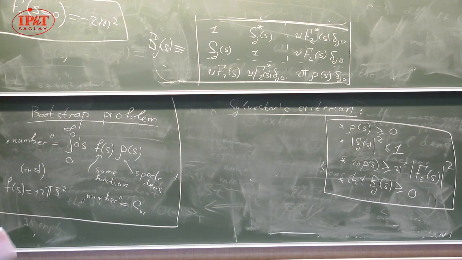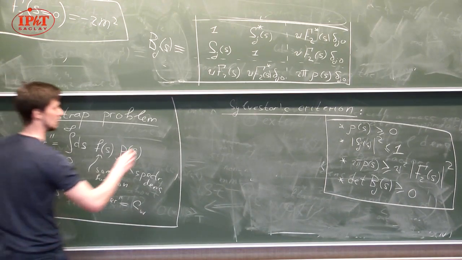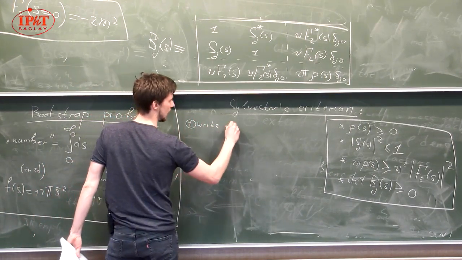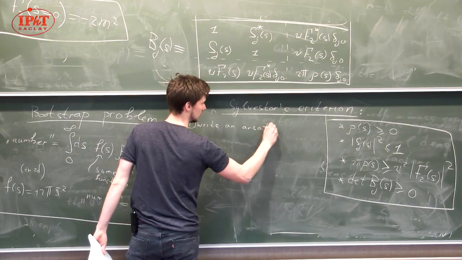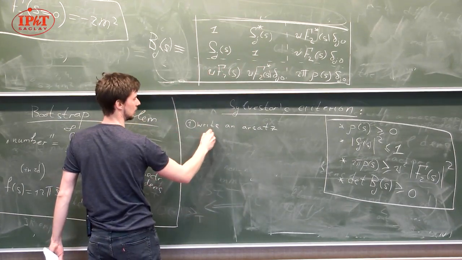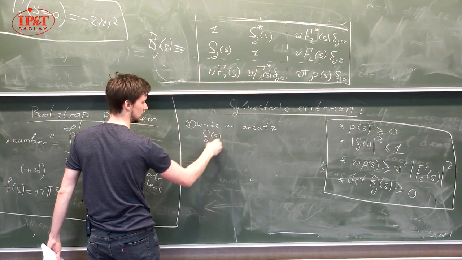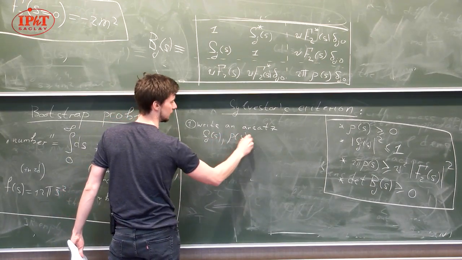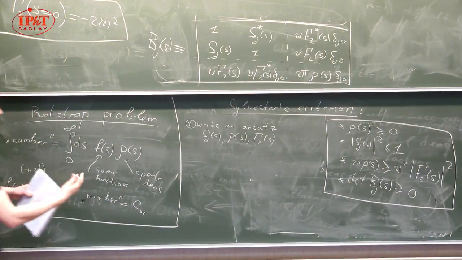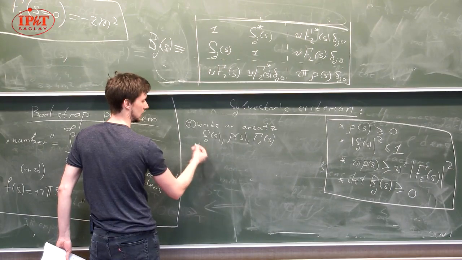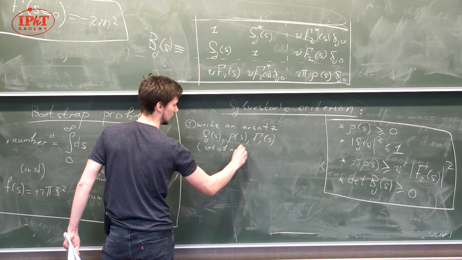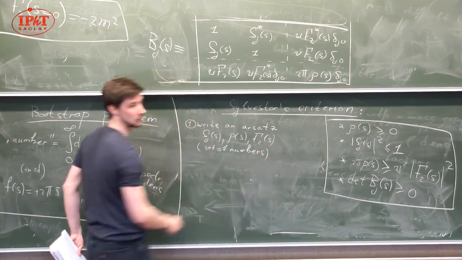Okay, so now what I would like to do as the first step is write an ansatz for all my ingredients in this S matrix, which are the partial amplitudes, the spectral densities, and the form factors. One can write such an ansatz. So these objects will be given by a set of numbers, which one would like to determine numerically.